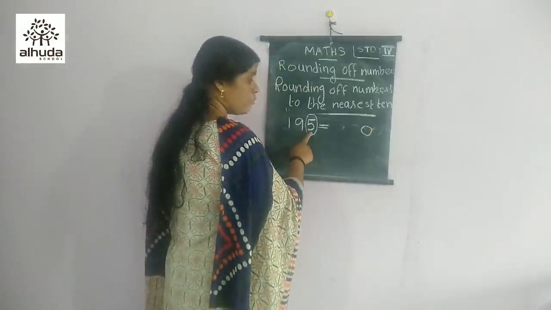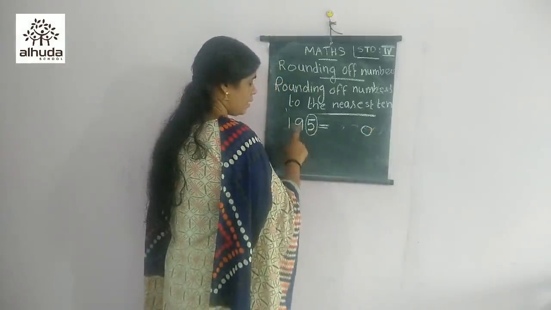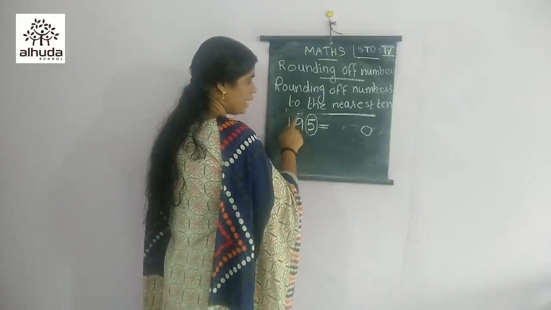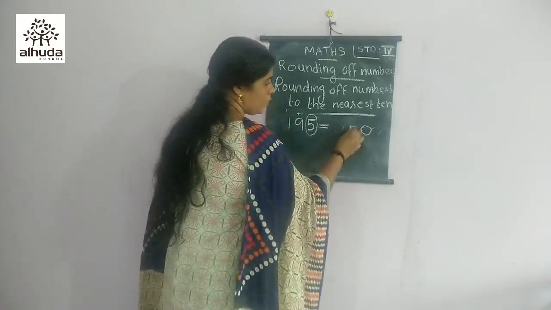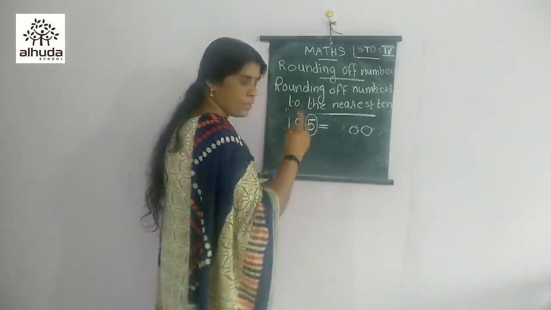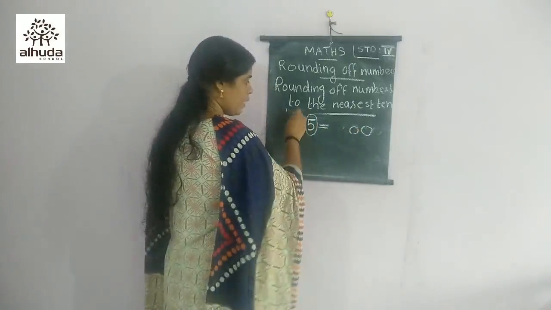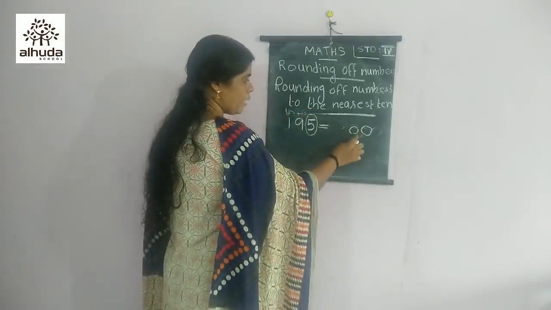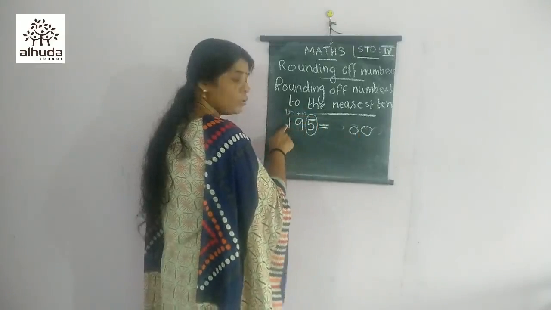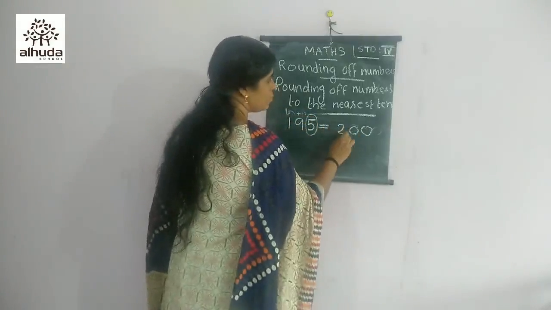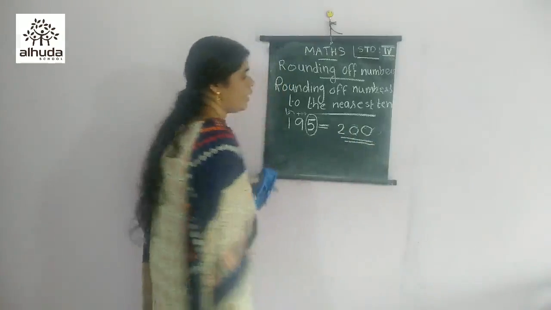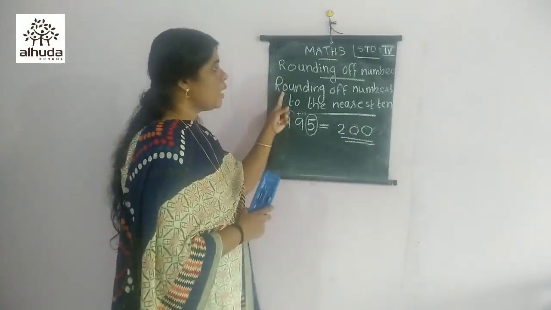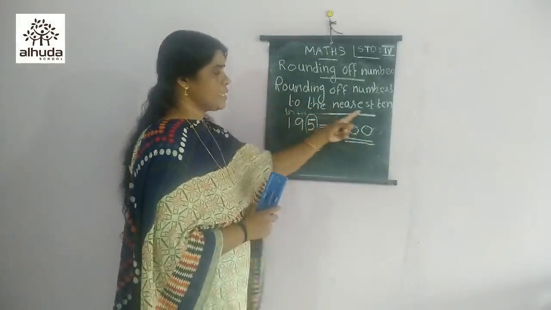And if 5 or more than 5 is coming there, then we add 1 to the tens place. The 9 plus 1, what will come here? 10. So 0 we write here, and 1 more we add to the hundreds place. That is 200. 195 came as 200. That we call rounding of numbers to the nearest 10.